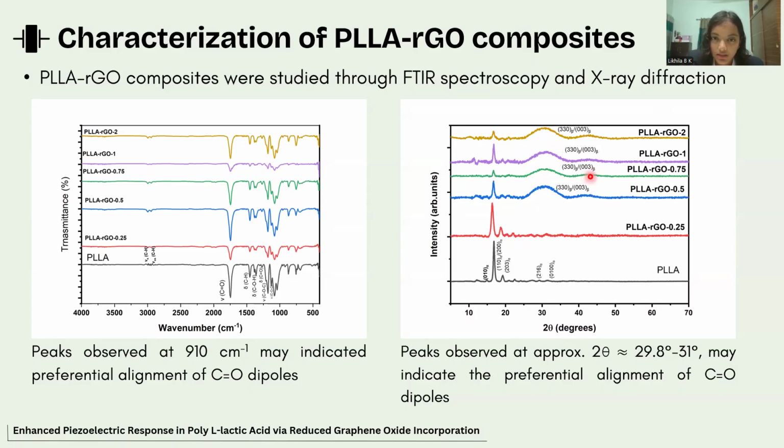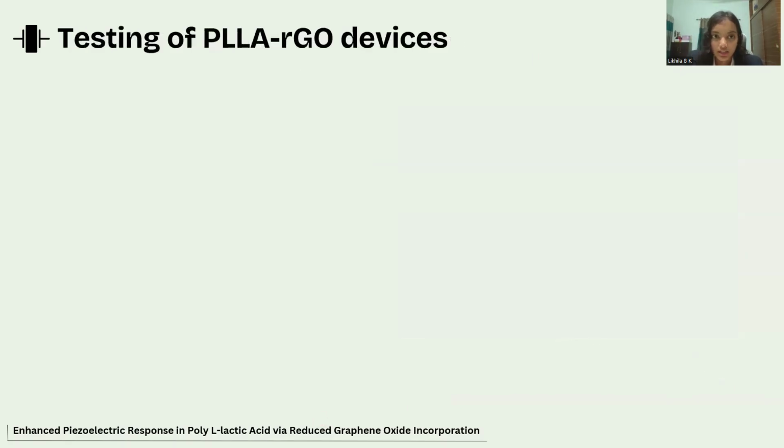There are small peaks here which are attributed to beta phase PLLA, and beta phase PLLA means preferential alignment of carbonyl dipoles. So we can hypothesize that better piezoelectric output will be obtained with these PLLA RGO composites compared to control PLLA.